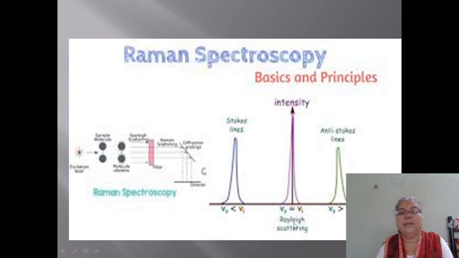Those lines are Rayleigh lines or elastic scattering, and the anti-Stokes lines are the lines with greater frequency than the frequency of incident light, and the Stokes lines are the lines where the scattered light has less frequency than the frequency of incident light radiation.